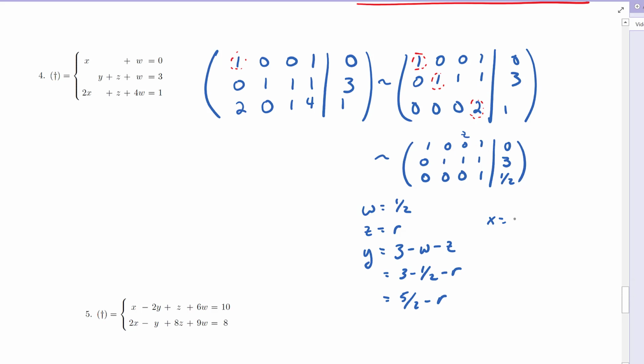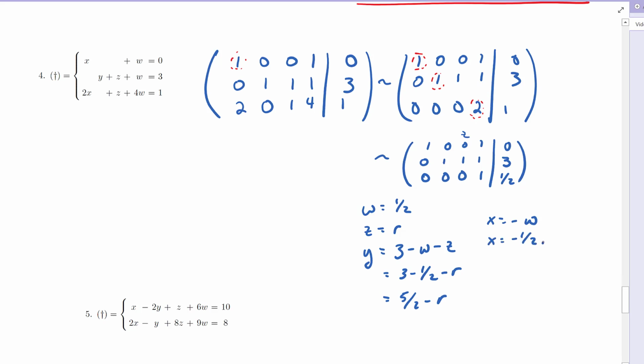By the way, folks, I didn't say this: if you use a W, for some reason, we usually put it after Z. And so for our X position, we would just have negative W. But we already said that W is 1/2, so we get that X is equal to negative 1/2.